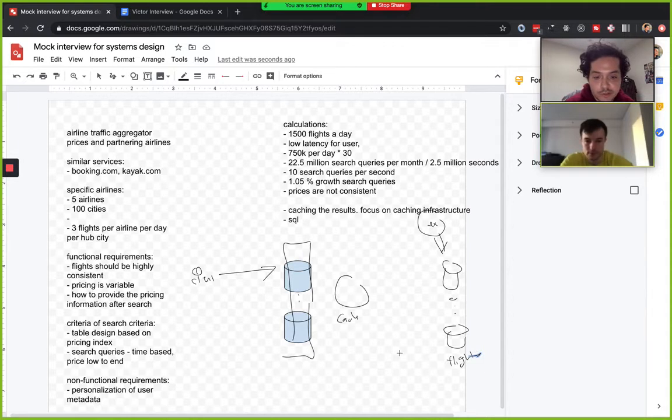So we'll also have a users database, for users that interact with this flights information. This application goes to... actually, we won't need a cache there. So yeah, we have user information.